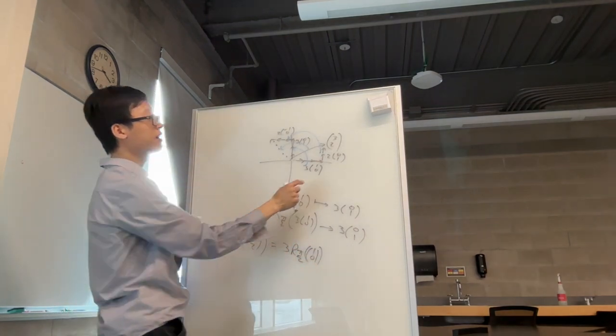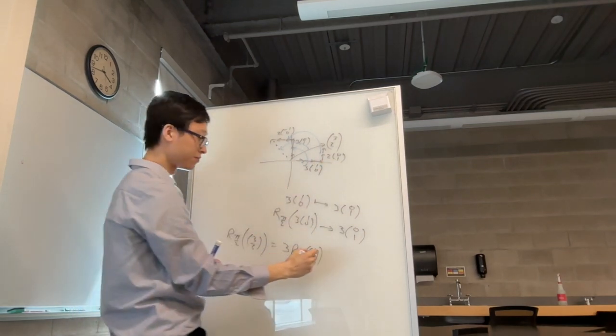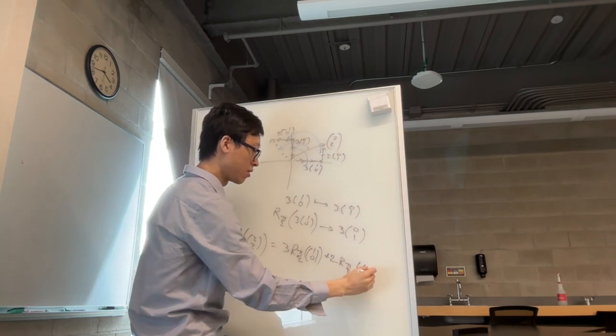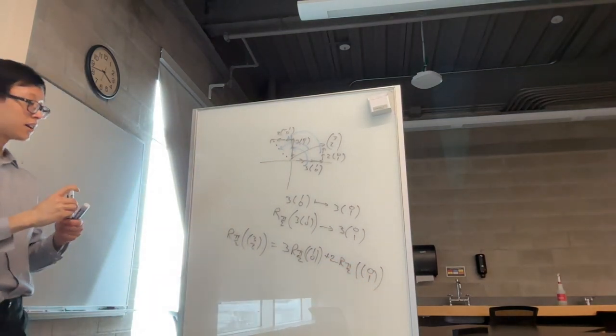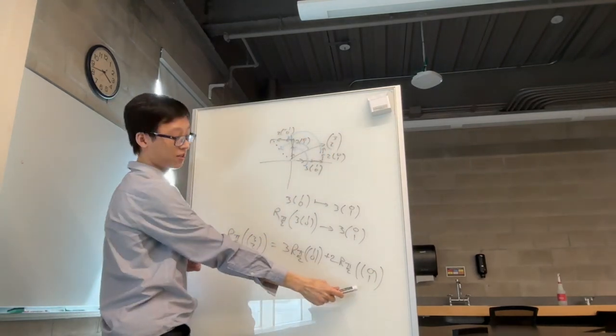And then I can add on the rotated 0, 1 scaled by 2. This diagram is essentially this equation here.